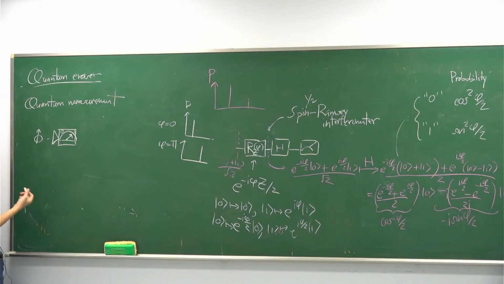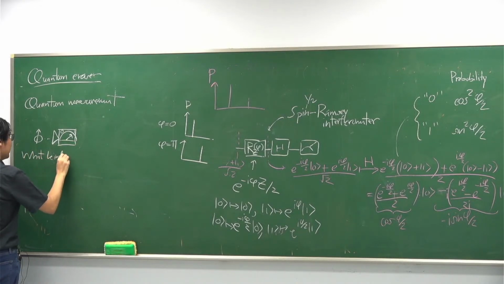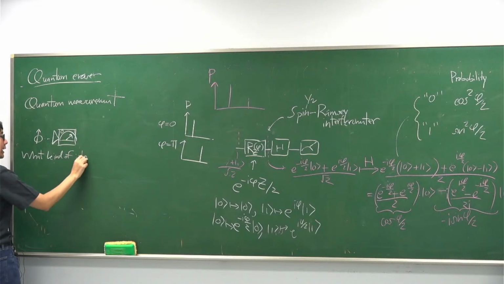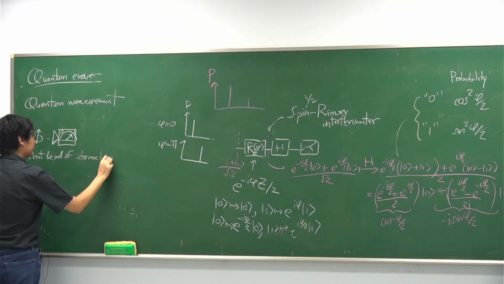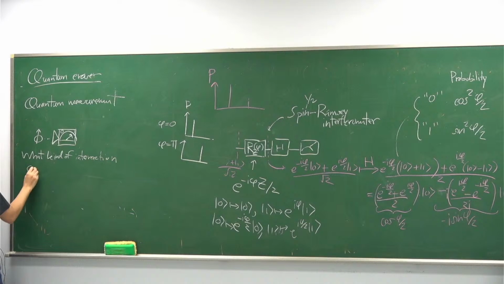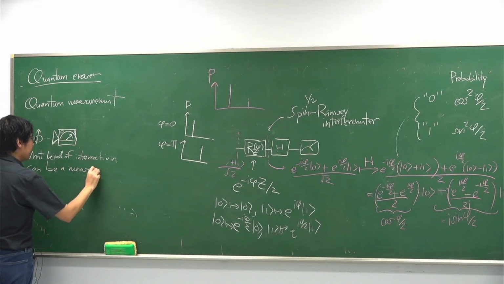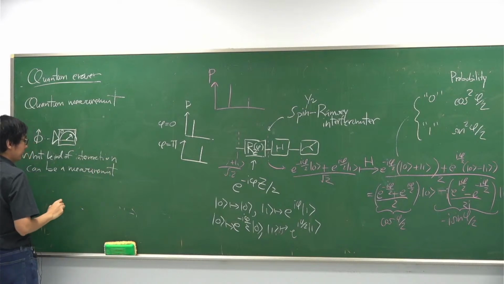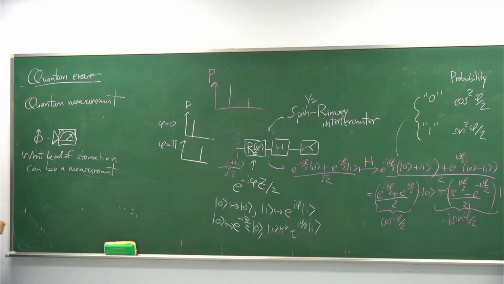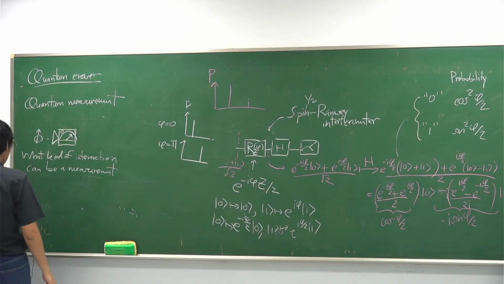So when you make a measurement, what kind of interaction can be a measurement, or what kind of system can act as a measurement device? Well, it depends on its interaction with the system, right?